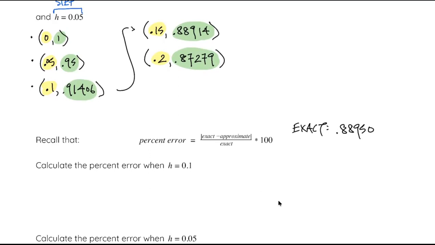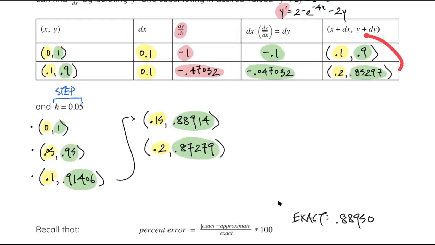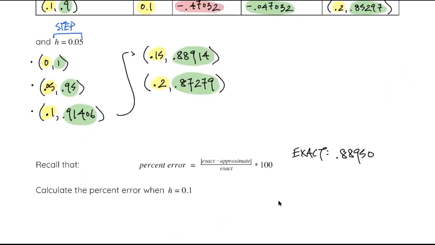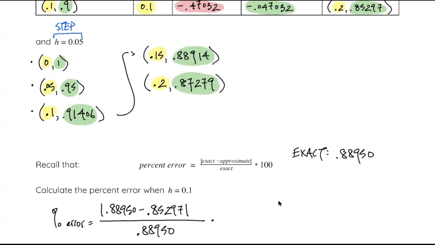And now I'm going to find the percent error when I used only the first 2 iterations, so a bigger step. And so we're going to take this formula, percent error equals the difference between the exact and the approximation, and divide it by the exact value, and times 100 to get it into a percent.